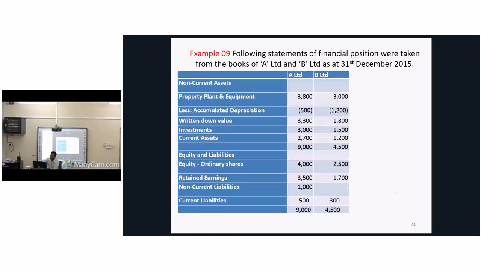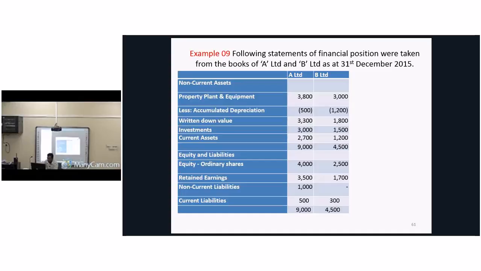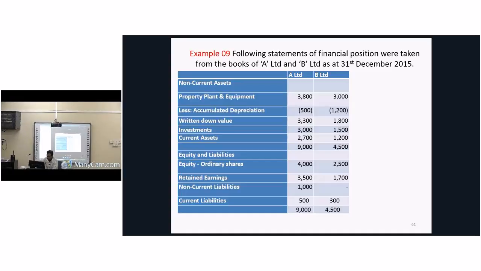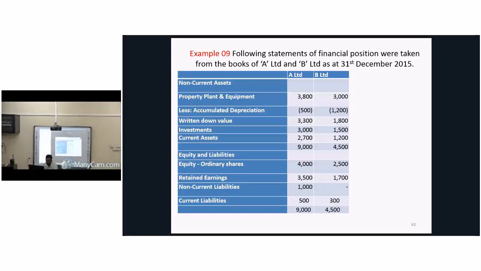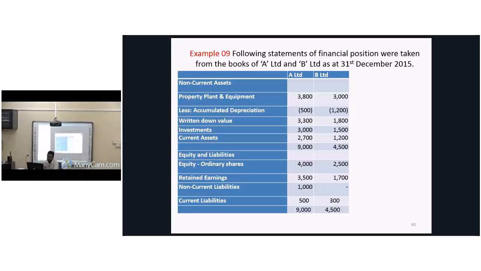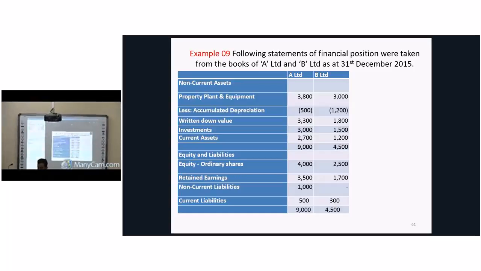Let's start with example number 9 to recall everything that we have learned up to now. I think we didn't discuss example number 9 last week, I did only example number 10. Is it so? Anybody who is online, can you check whether I did example number 9 last week? I think not.